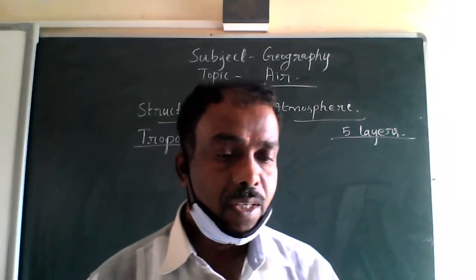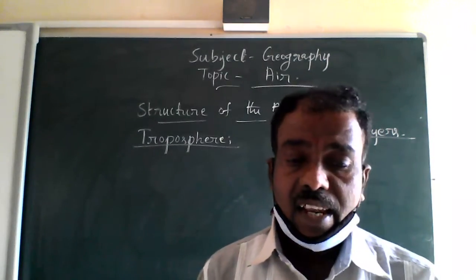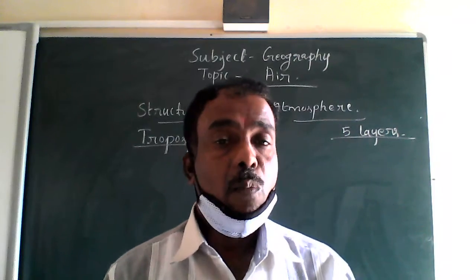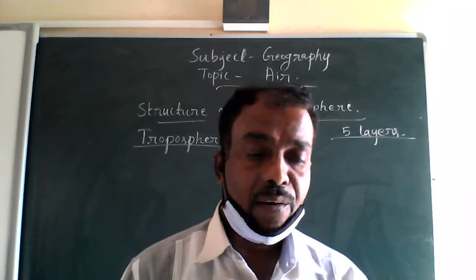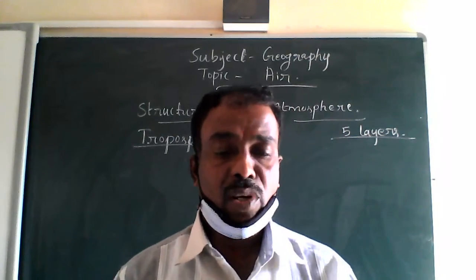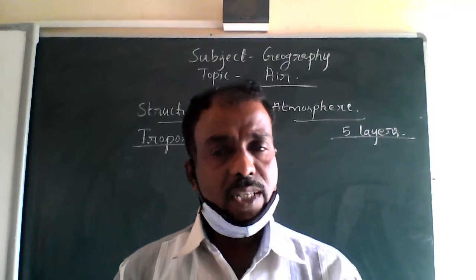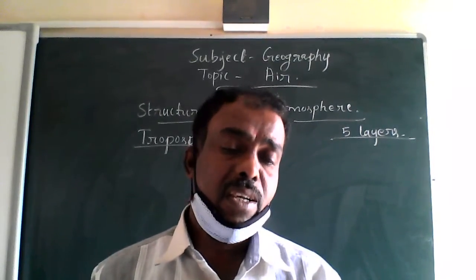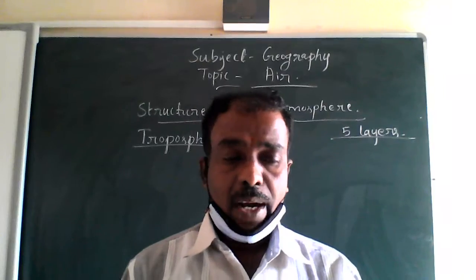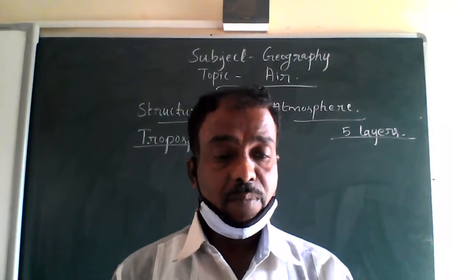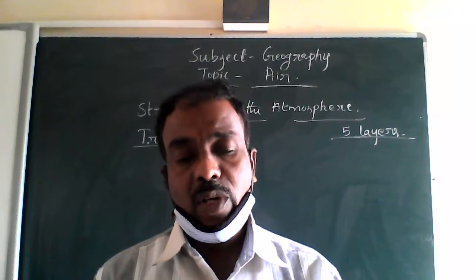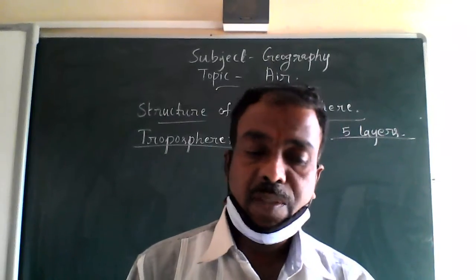Troposphere. See, this layer is the most important layer of the atmosphere. Of course, dear students, all five layers are important, but the troposphere is the most important layer of the atmosphere.